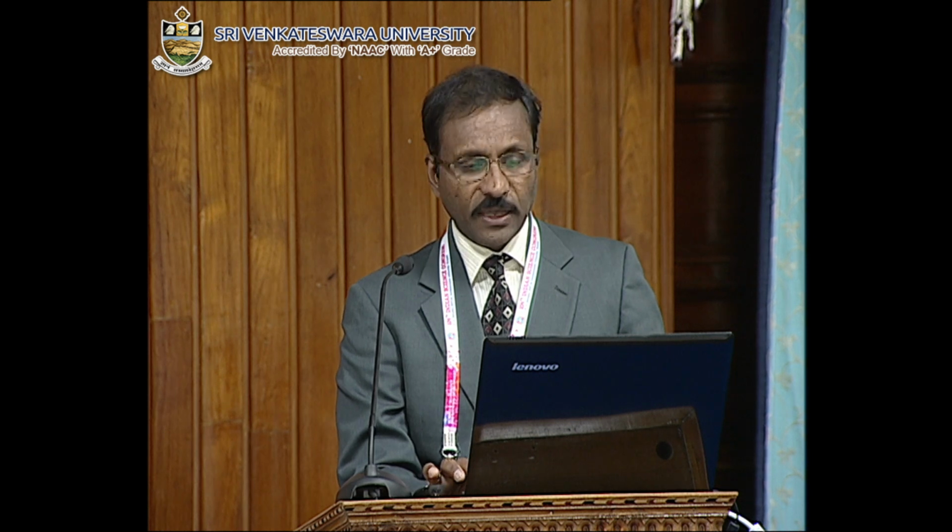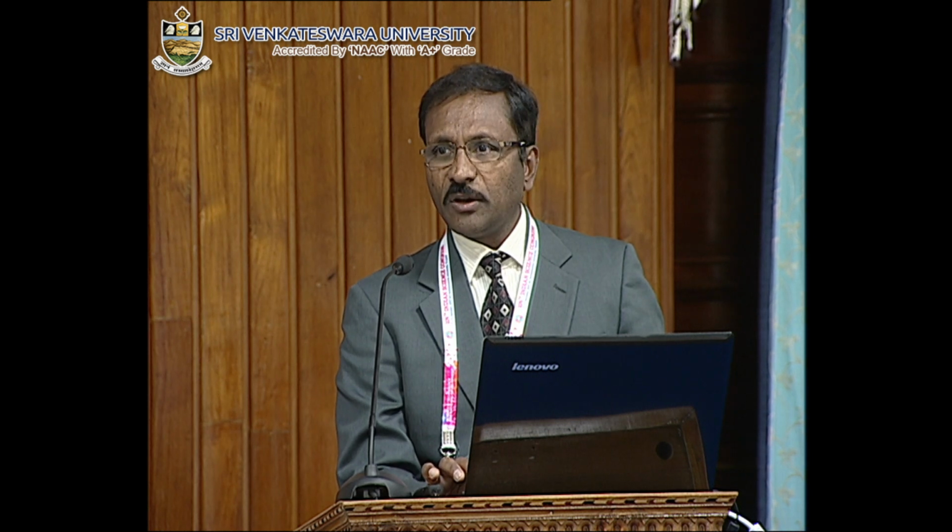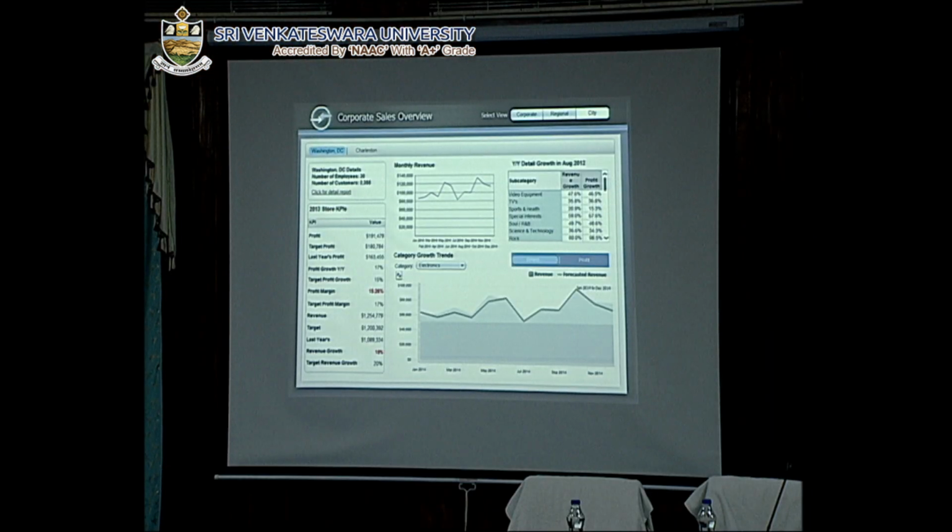This will give the region level, and if they are interested in a particular region, they can select a particular city and then a particular branch. So this is what a standard business intelligence dashboard is about.